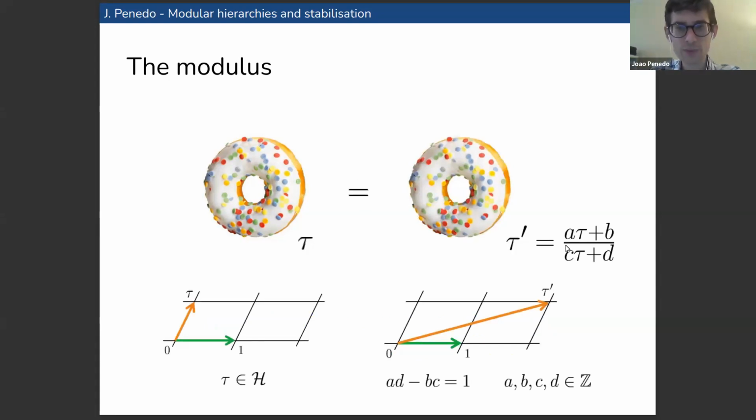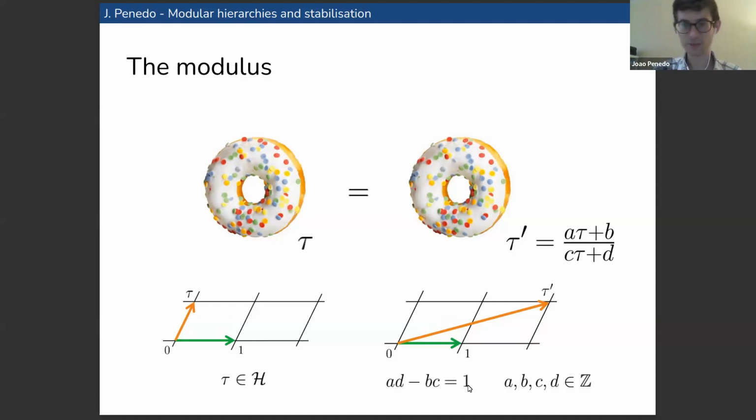So if tau prime is (a tau plus b) over (c tau plus d), so this relation between the taus, you are essentially describing the same lattice, where a, b, c, and d are integers, and they verify this property: ad minus bc is 1. If you are in these conditions, you are basically having the same lattice, the same torus, for different values of tau. And this is the modular symmetry.